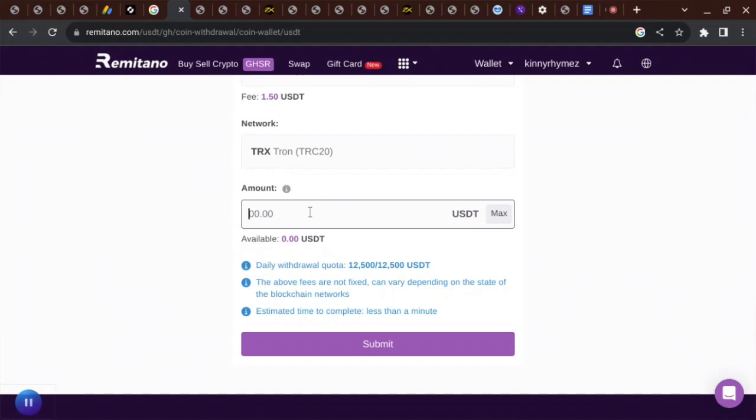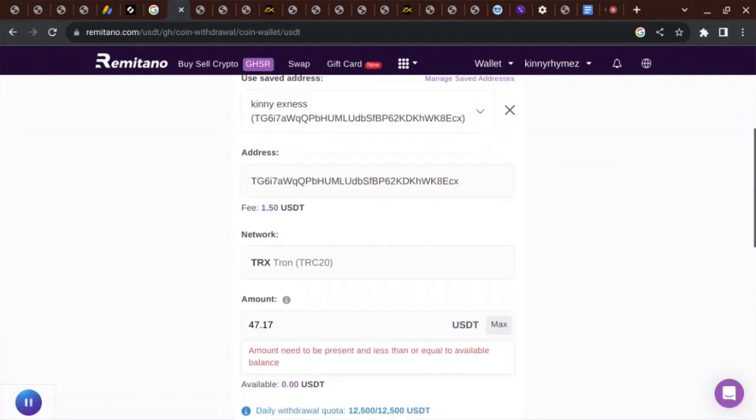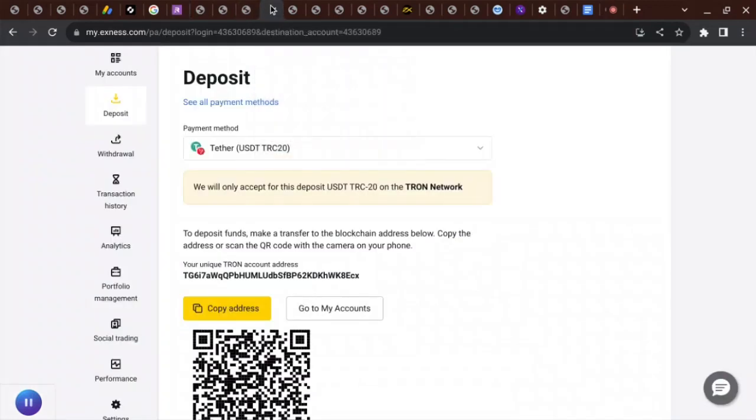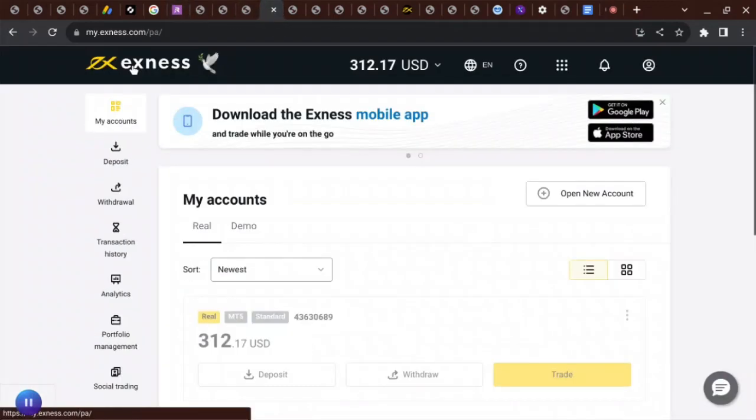That's the 47.17. I'll transfer the money from here to my Xnet account straight. You see? If I come to my account, it will add up. But I'm doing this for tutorial sake, so we have to pay attention to it very carefully.